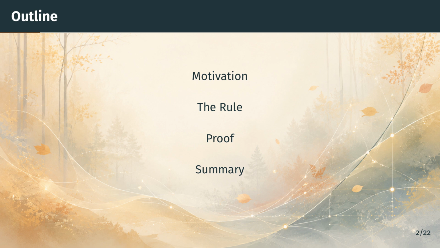We begin with motivation, the problem of indeterminate forms, expressions like 0 over 0 and infinity over infinity, where naive substitution tells us nothing. We then state Theorem 5.13, L'Hôpital's rule, in full generality, and unpack what its hypotheses really say.